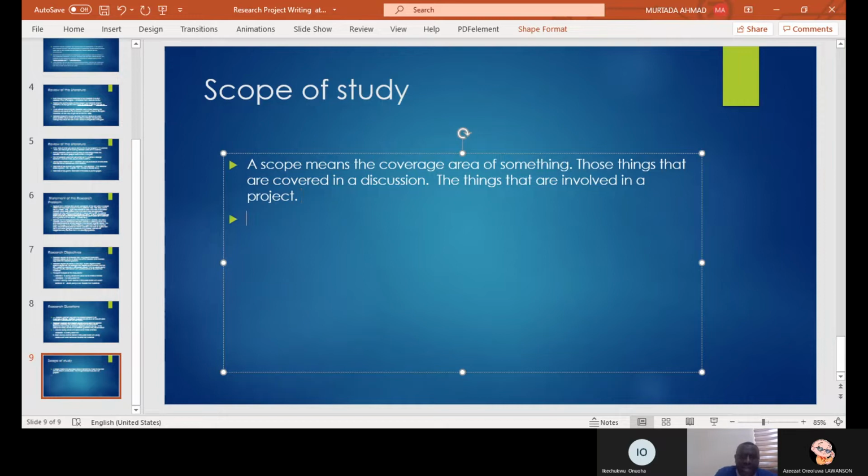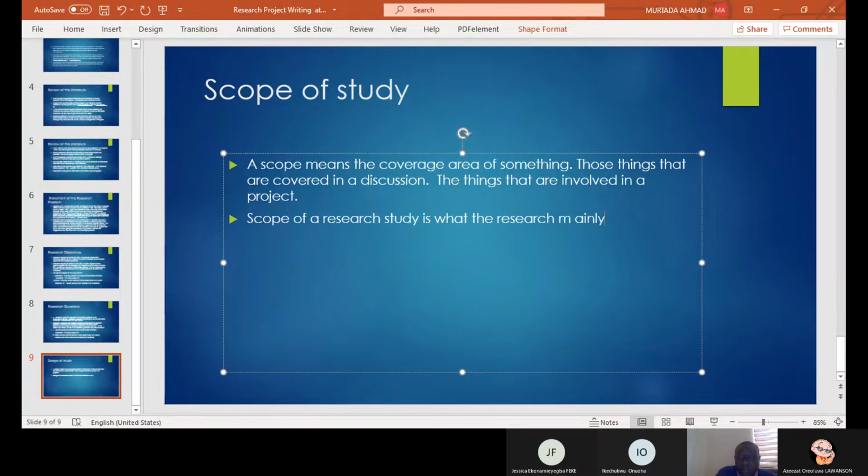Therefore, the scope of a research study is what the research mainly covers, those things that are mainly involved. That's what we mean by scope of research: what the research mainly involves.